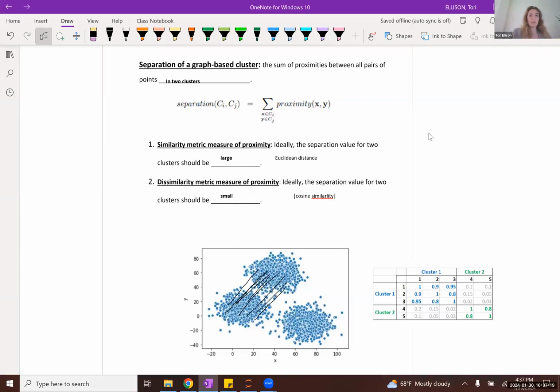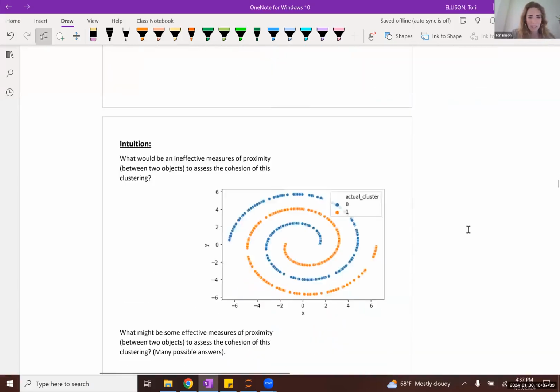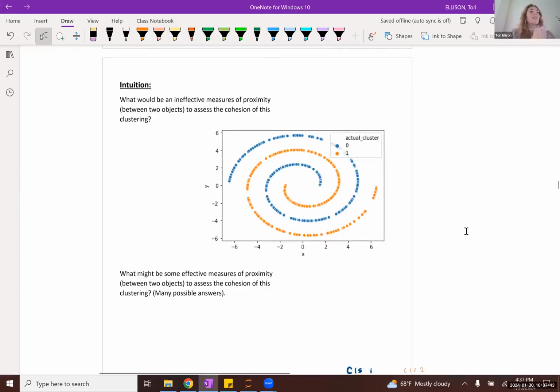All right, so these are, again, just broad overarching ways that you might go about measuring cohesion and separation using this graph-based notion, which requires you to calculate some sort of proximity measure between every pair of observations in the data set. But you want to make sure that you are using an effective measure of proximity based on the actual data set that you are examining.